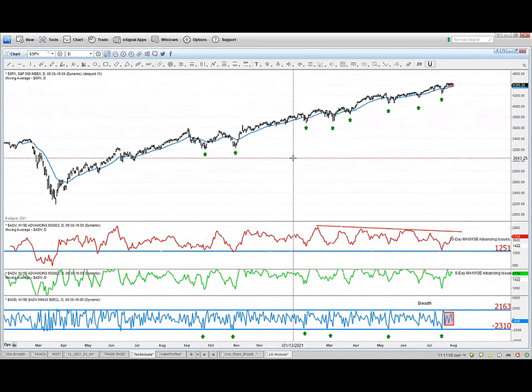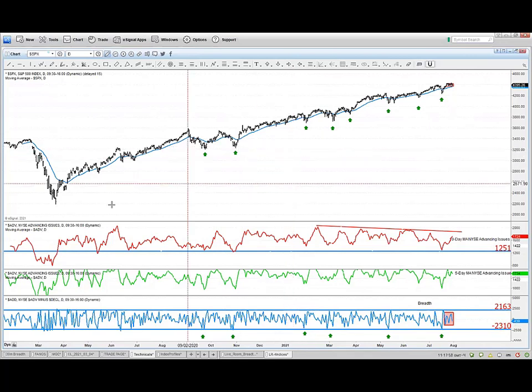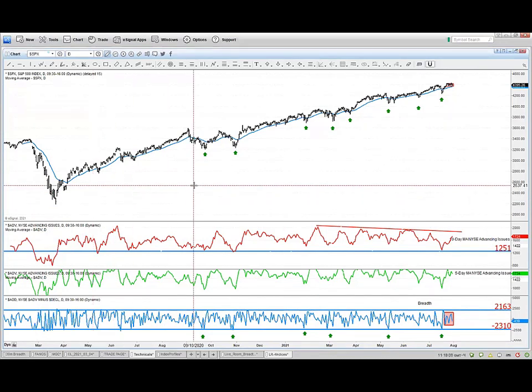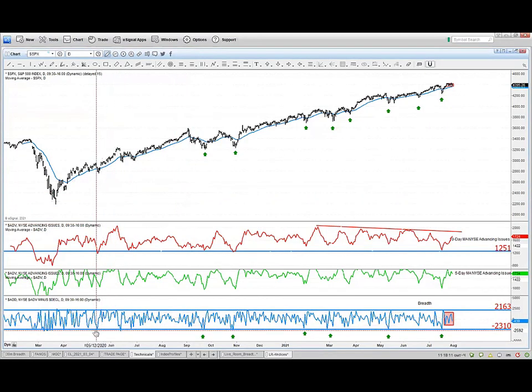I think if you go back to the first report, I have a link to that report, but I talk about clusters of these identifying intermediate to short-term lows. And then after you get a cluster of these, a trend will establish itself. And within that trend, periodically breadth will reach negative 2,000 on a closing basis, and that will almost always mark short-term important pivot lows within the trend.